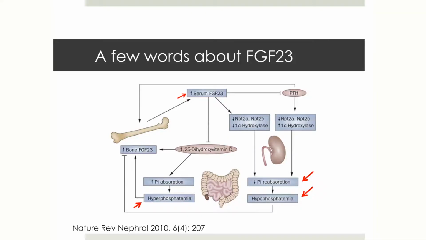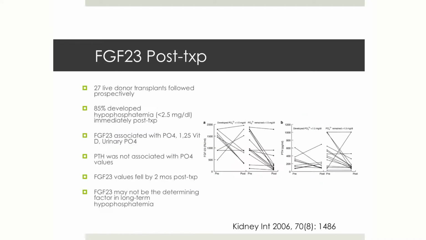And many of the thoughts about the early post-transplant hypophosphatemia that occurs is that it's due to a persistent elevated FGF23, and we see often very elevated FGF23 levels in patients who are on dialysis. So what happens to FGF23 post-transplant? That is not very well known.